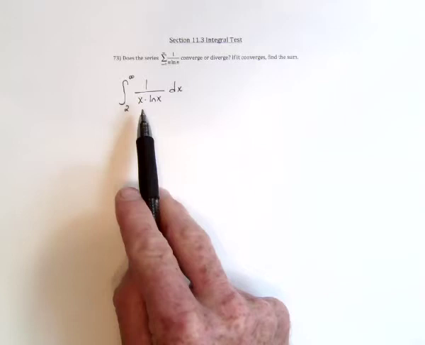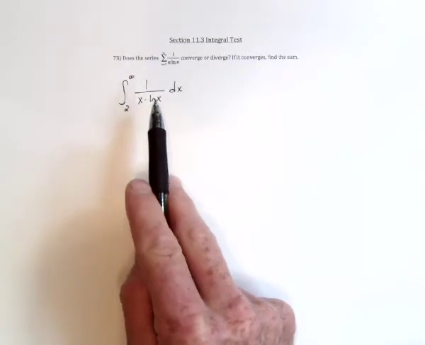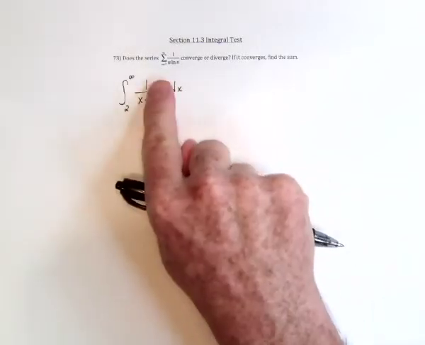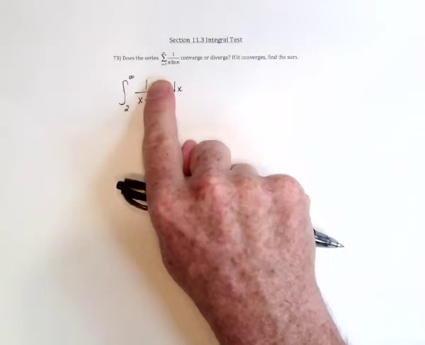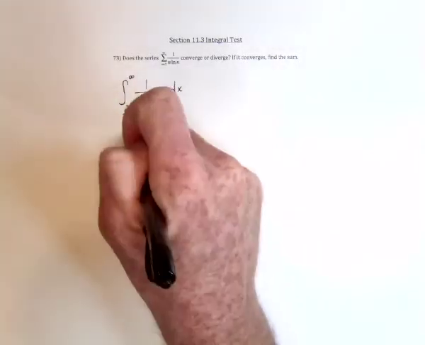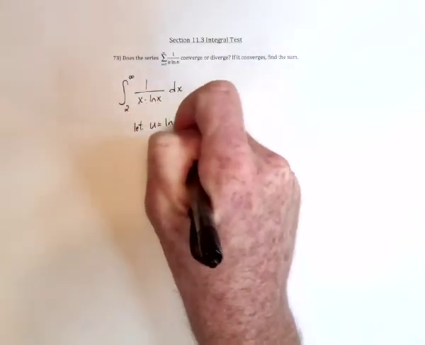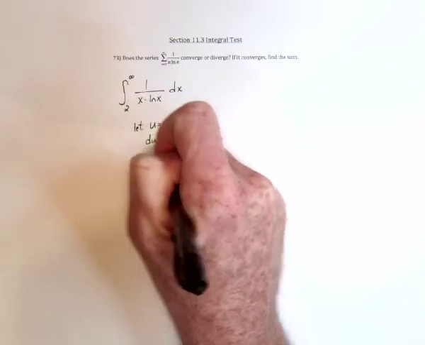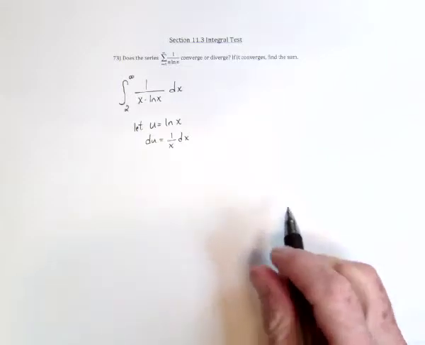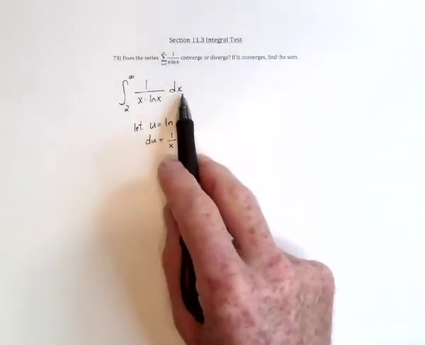Well, I've got these two inside the fraction, but if I keep in mind that the derivative of the natural log of x is 1 over x, then that is going to be the du if I let u equal the natural log of x. So u is equal to the natural log of x. The du will be 1 over x dx. And this has 1 over x, and it has dx, so that's exactly what we need.